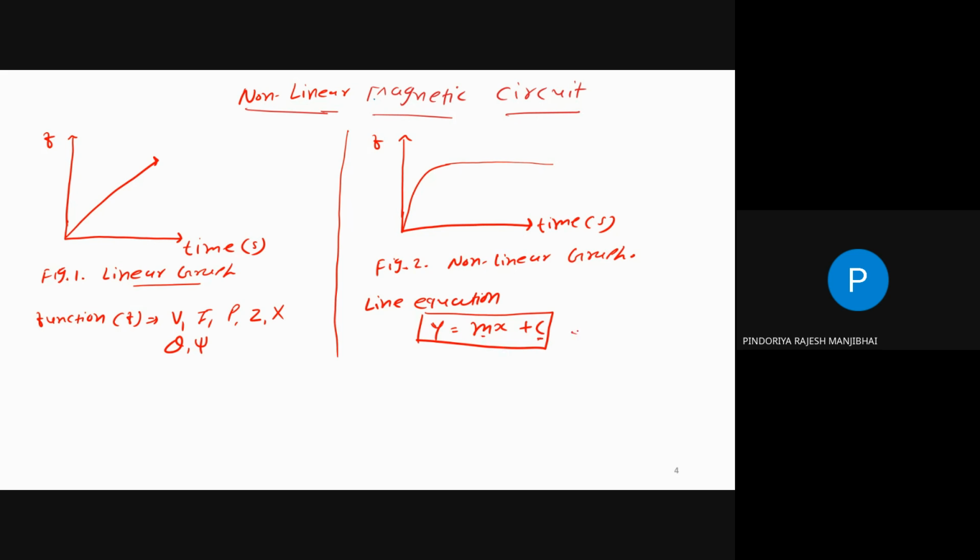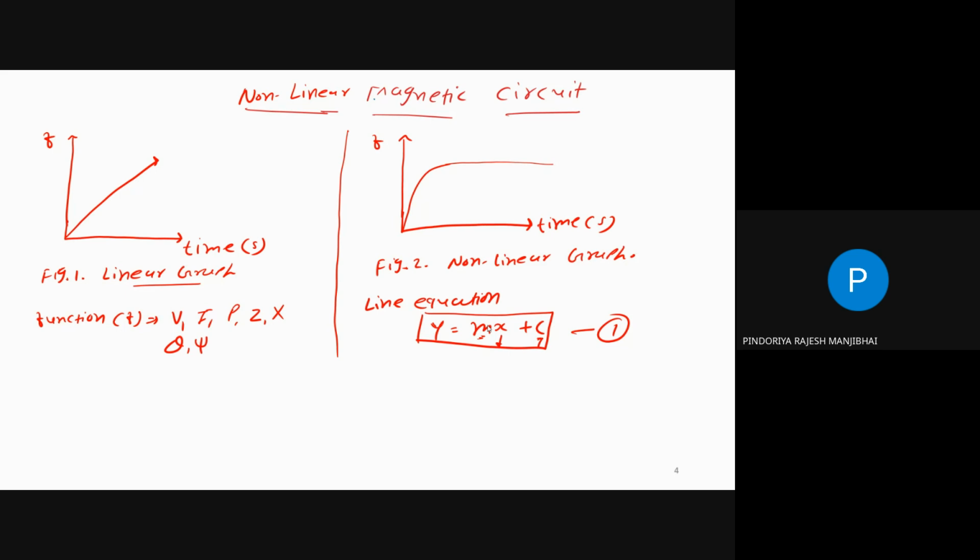We already studied this line equation in standard 10, and maybe in your BTech program. Y is your output, x is your input, c is your constant, and m is multiplied with x. So this is the simple fundamental concept of linear and non-linear circuits, correct?